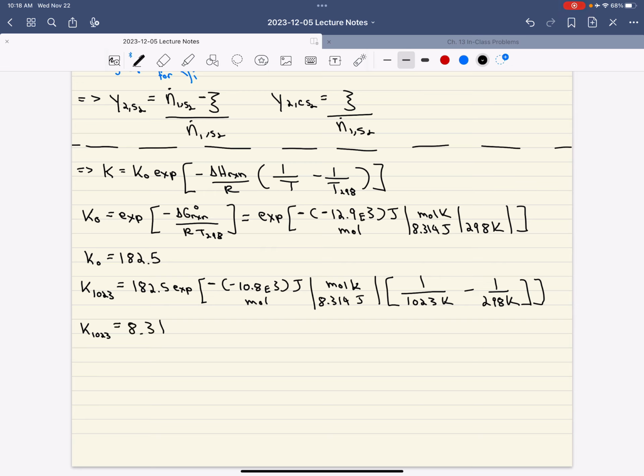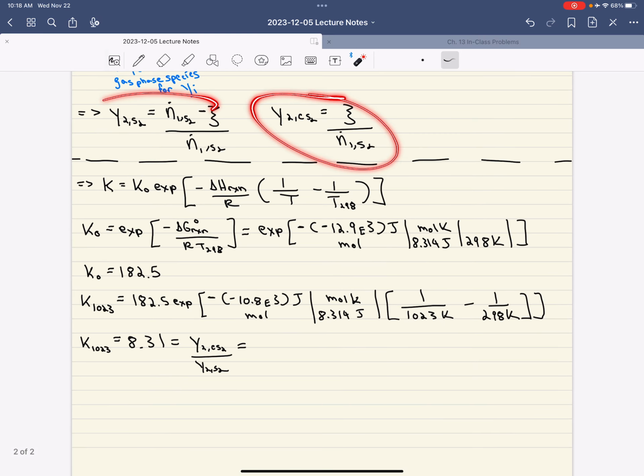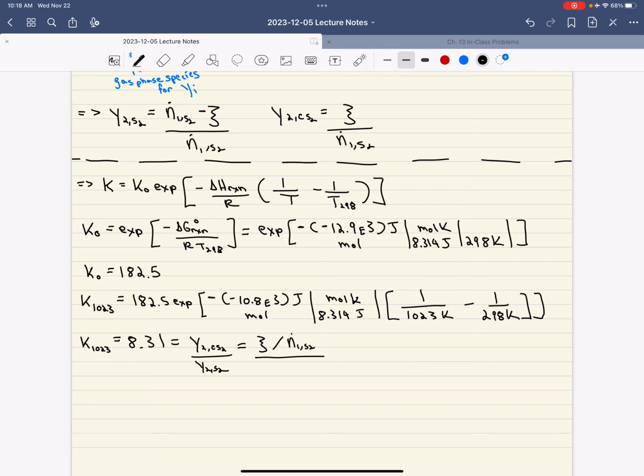Okay, so now we figured out what K is, and now that we know what K is, if we relate this equilibrium constant back to the activities, we'll now only be dealing with one unknown. So we could replace these mole fractions with the equations we derived up here. So psi over N1S2 divided by N1S2 minus psi over N1S2.